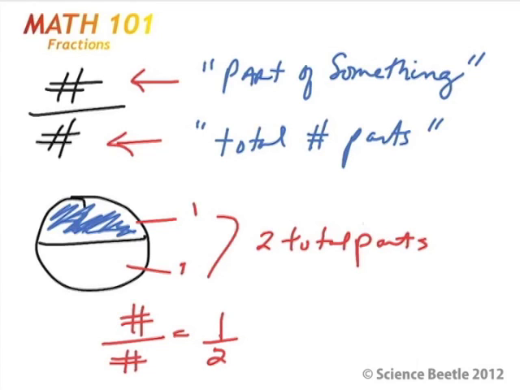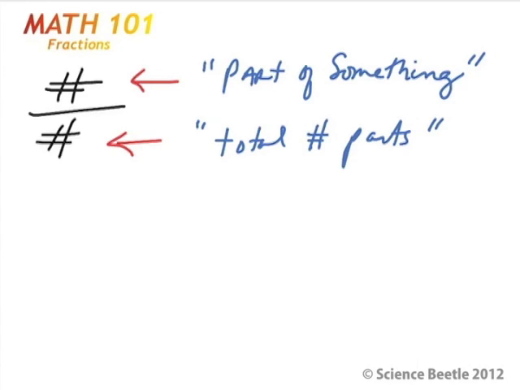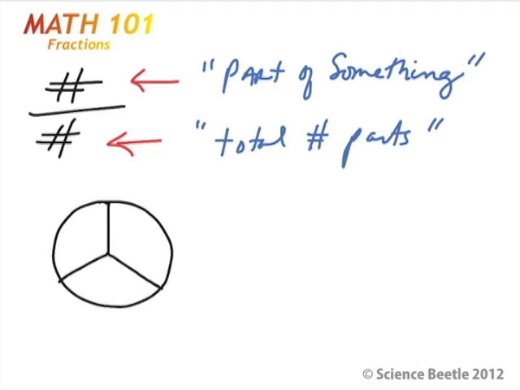Let's take a look at another example. Let's say that I had another circle, but this time I wanted to divide the circle into 3 parts. How would you represent this as a fraction if I was only interested in the areas shaded in red?